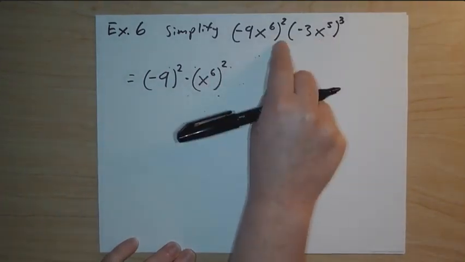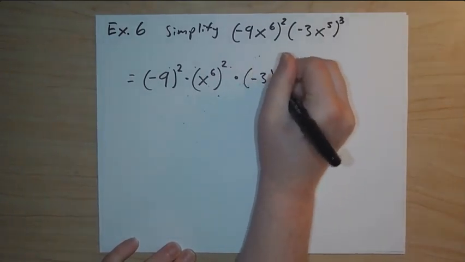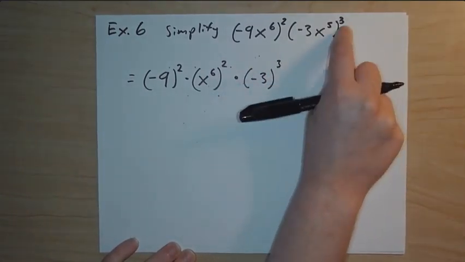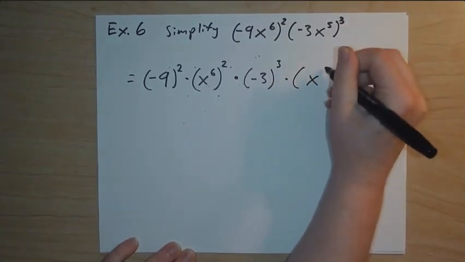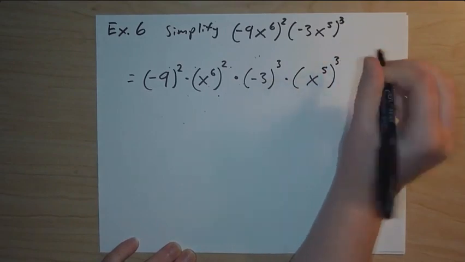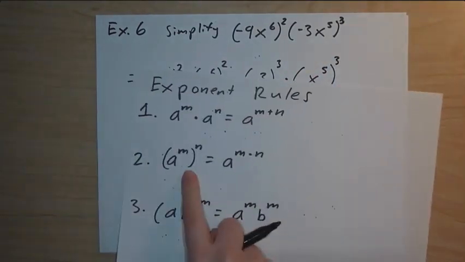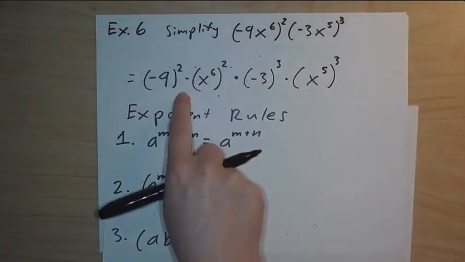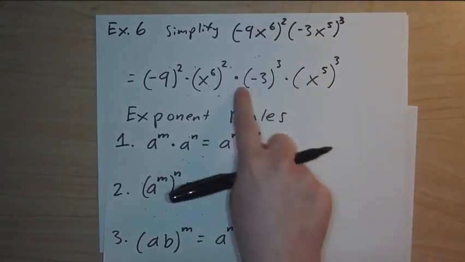And then since this is just multiplication, you can just write it like this, times negative 3 cubed, because this is a 3, times x to the 5th, and this cubed. So all we did just now was use the second rule on this expression to get this, and also the second rule on this expression to get this.